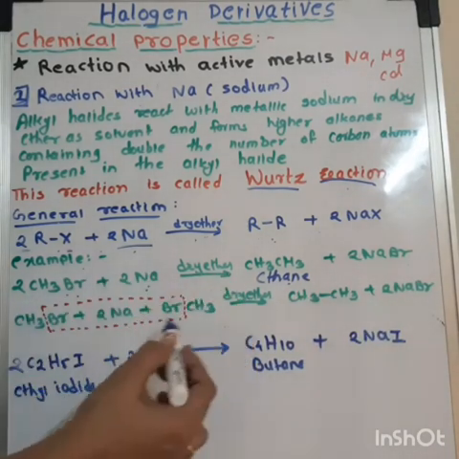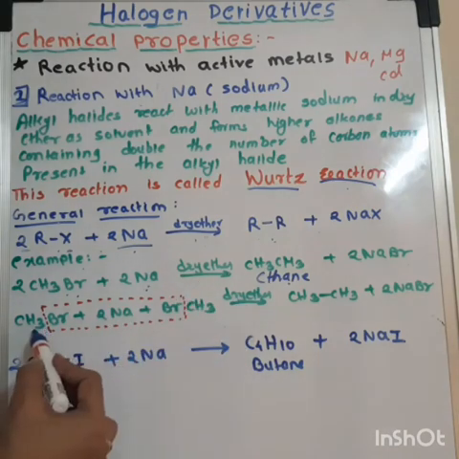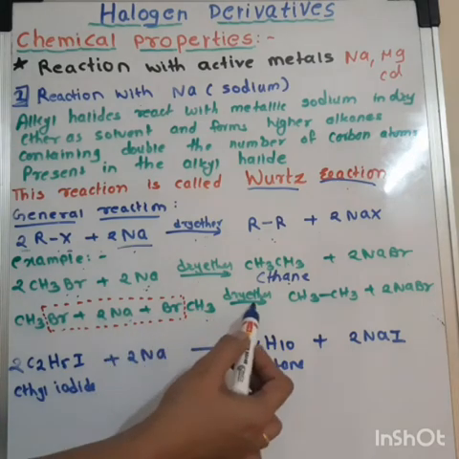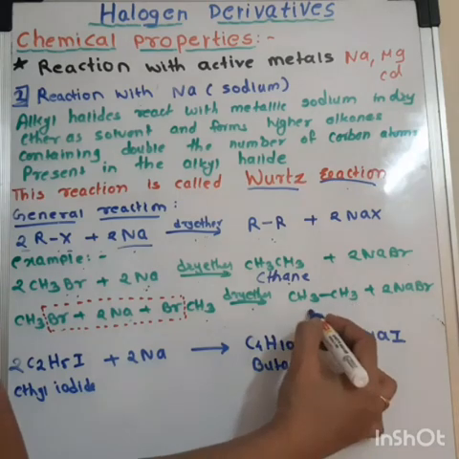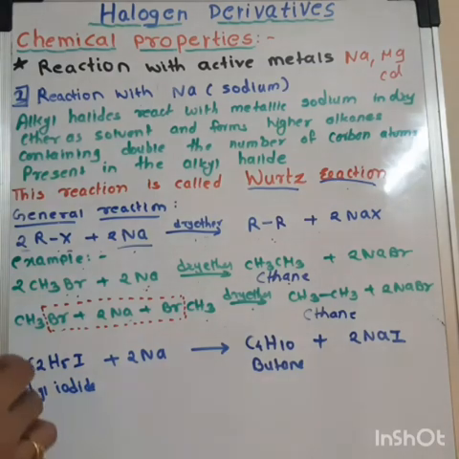This reaction can be written in this form also: CH3Br plus 2 Na plus CH3Br, in presence of dry ether gives CH3-CH3, that is ethane, plus 2 molecules of NaBr.